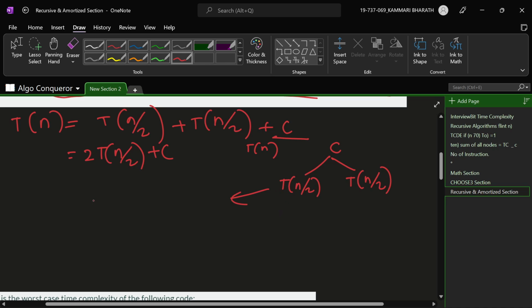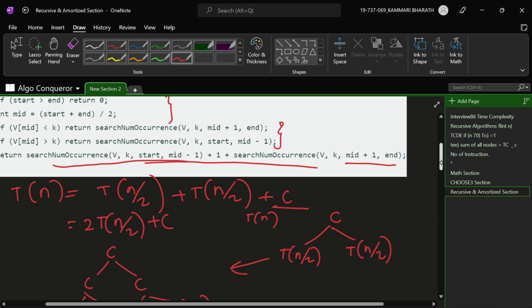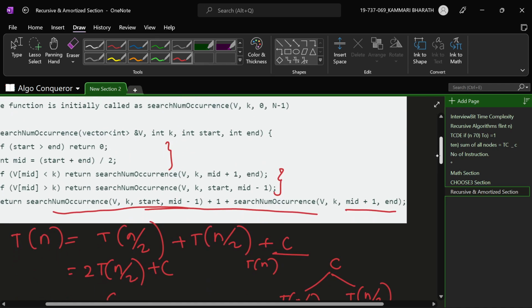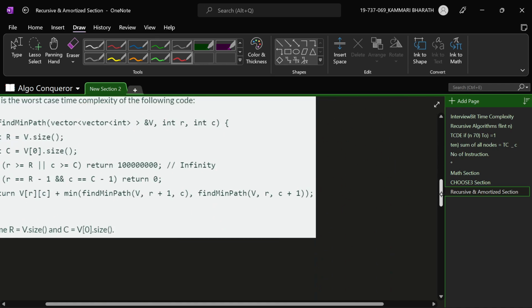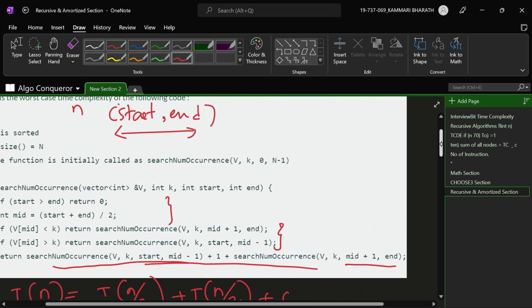This tree becomes C, T of n by 4, T of n by 4, T of n by 4, T of n by 4. So this goes on like this. And where will it end? It ends when the input becomes 1. This is the last valid case.